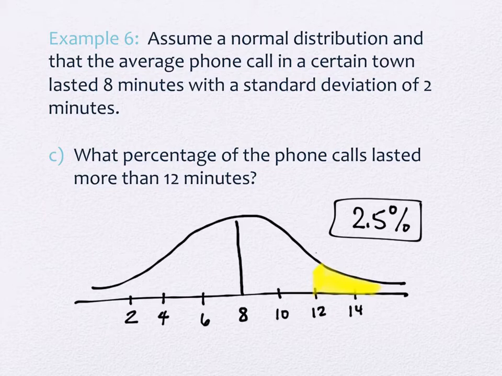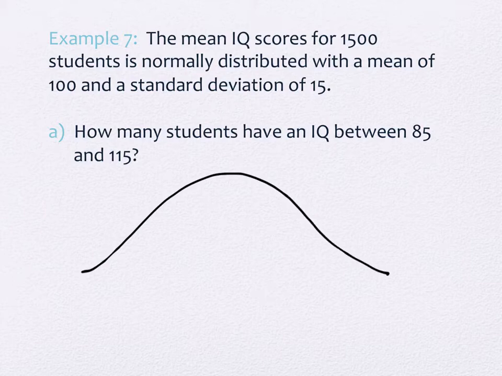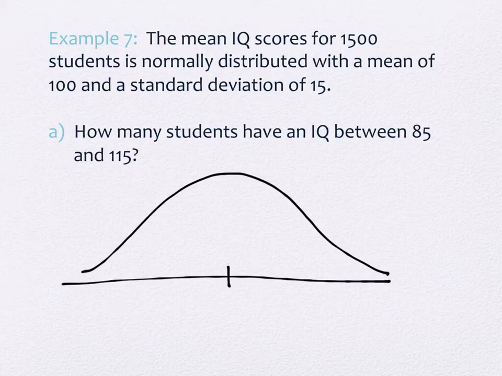All right. The next one talks about IQ scores. The mean IQ scores for 1,500 students is normally distributed with a mean of 100 and a standard deviation of 15. So just like on the last one, the first thing I'm going to do is draw the picture. And we're going to put in all the standard deviation pieces as well, because I know the questions that are about to be asked are going to involve all the pieces. So this one in the middle is my mean. It's 100.